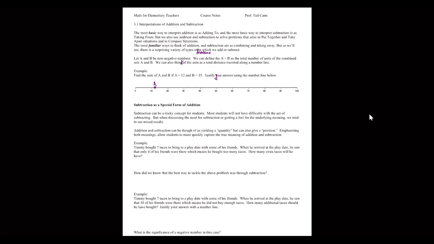But I'm using the word travel strategically here. That's actually what you're doing. You've already traveled 12 units, so that's this distance. Now I'm going to go 15 more. So you're counting little tick marks: 1, 2, 3, 4, 5, 6, 7, 8, 9, 10, 11, 12, 13, 14, 15. That gets me to location B.